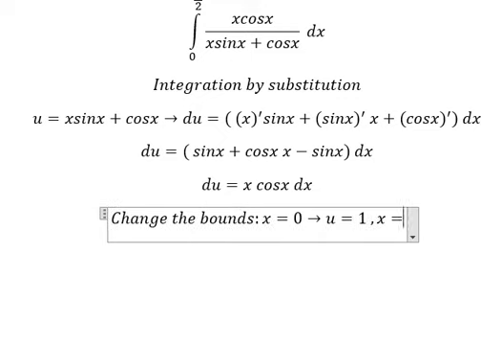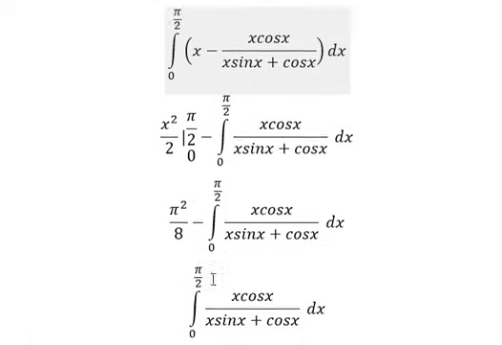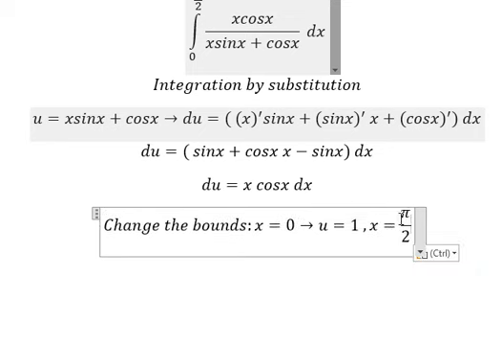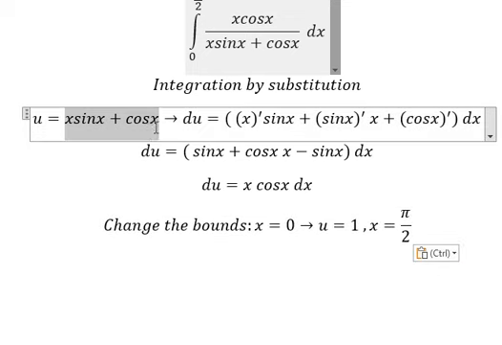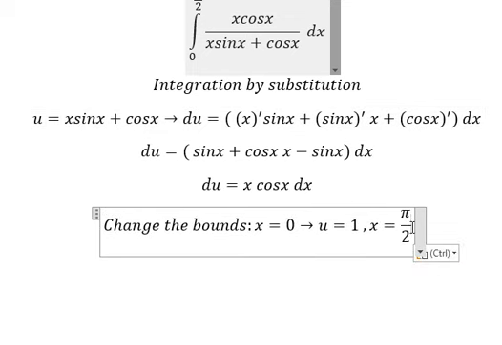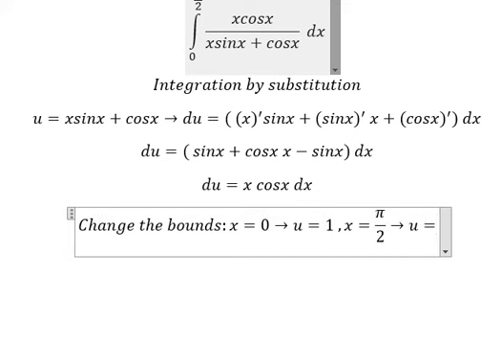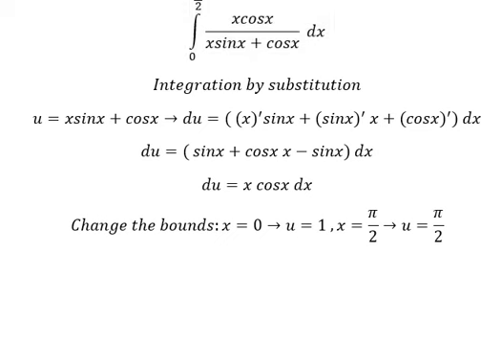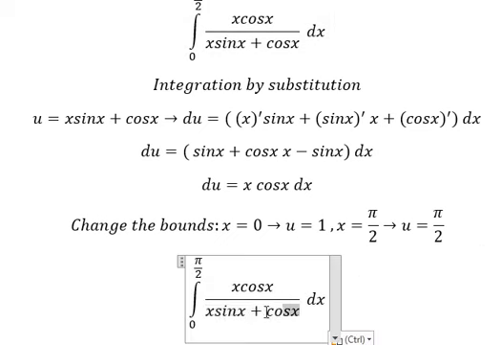When s equals b over 2, I will put b over 2 here, and we have u equals b over 2. So this one we change by u.